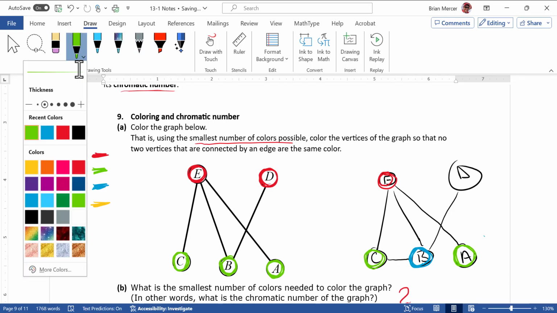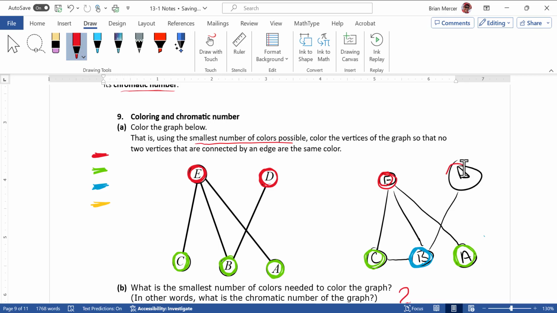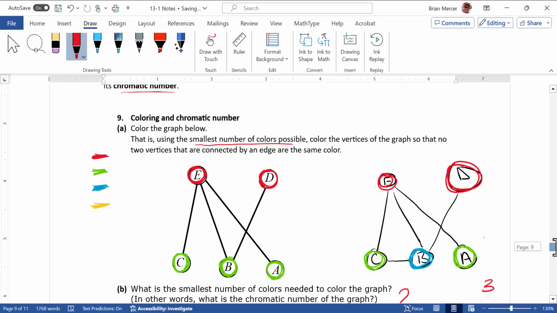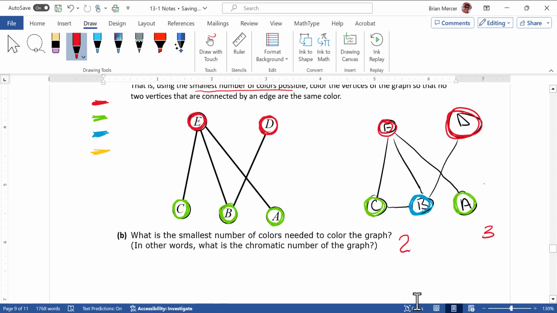Yep. So now that would be a 3 instead of a 2, because I needed 3 colors to get that graph colored instead of 2. Hopefully that helps you see how you approach those, and that's all we're doing there.